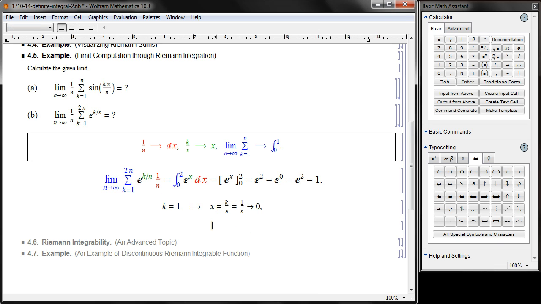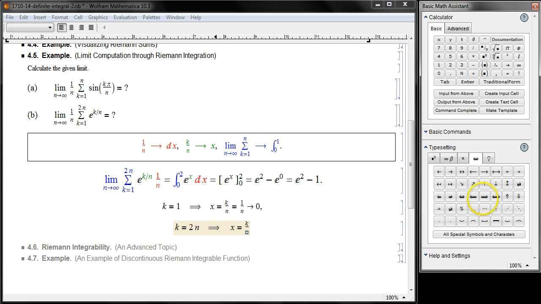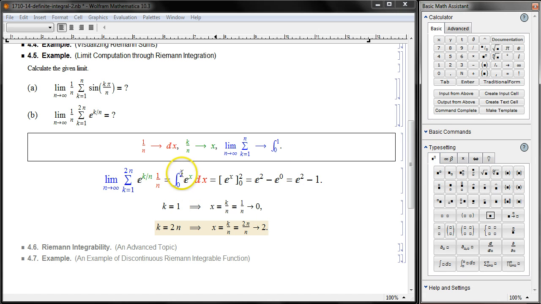How about the next one? k ends at 2n, so this is 2n. And in that case, x is equal to k over n, right, as usual, and this is 2n over n. And that goes to 2, not 0. And you have to get 2 here.